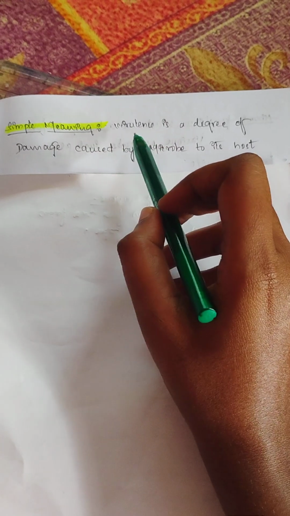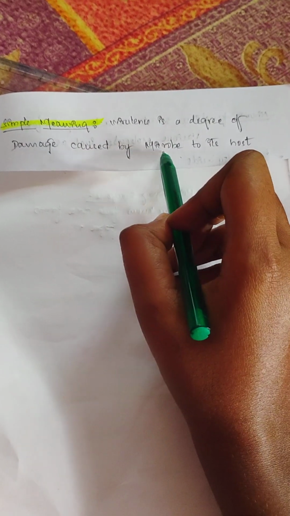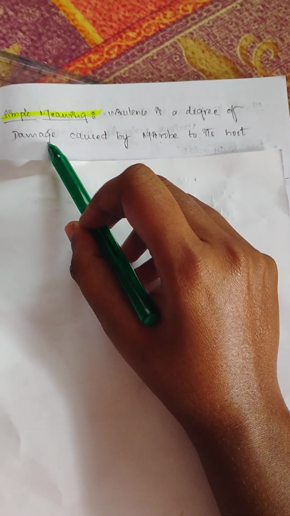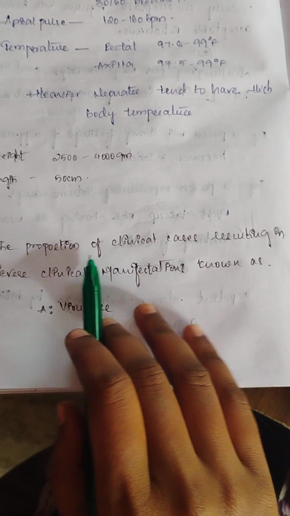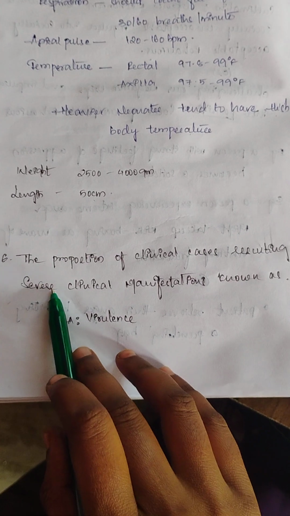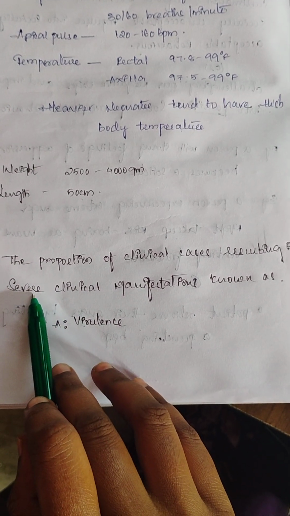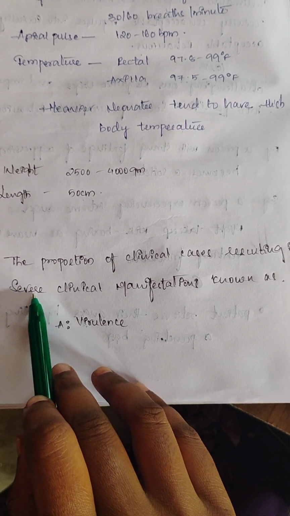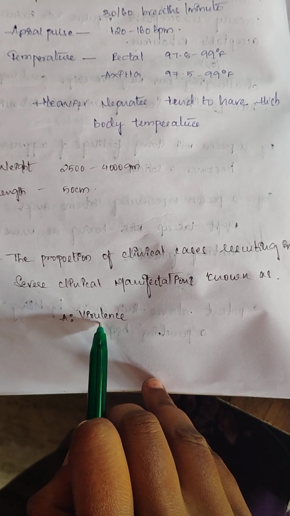If a microorganism shows heavy symptoms after severe damage, that process we can call virulence. Because of the microorganism's damage, it shows severe clinical manifestation. This process is called virulence.